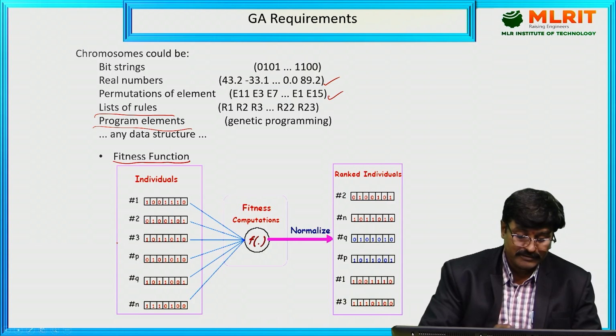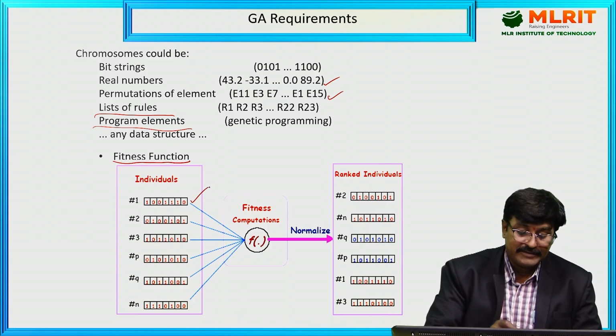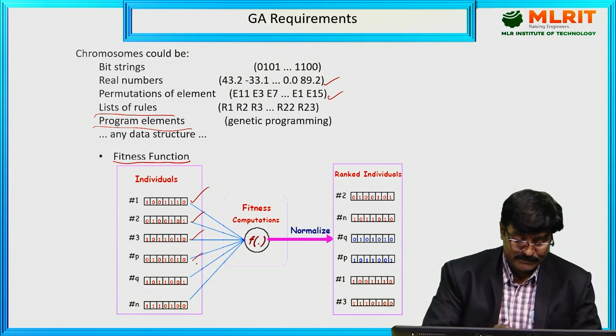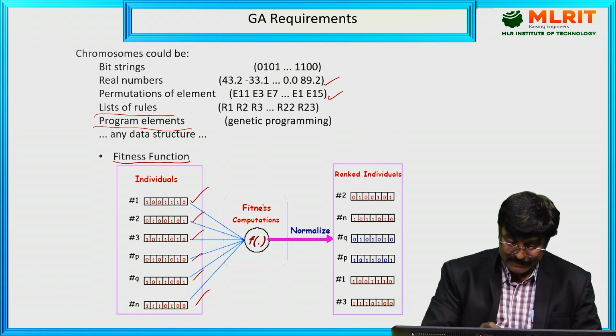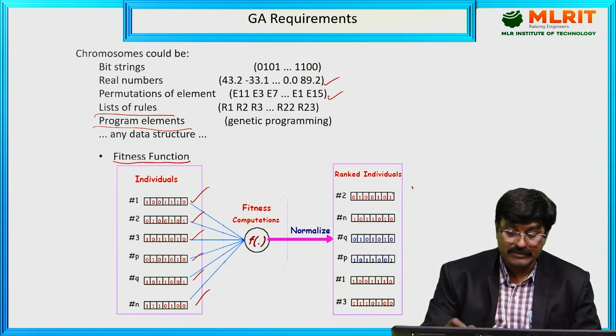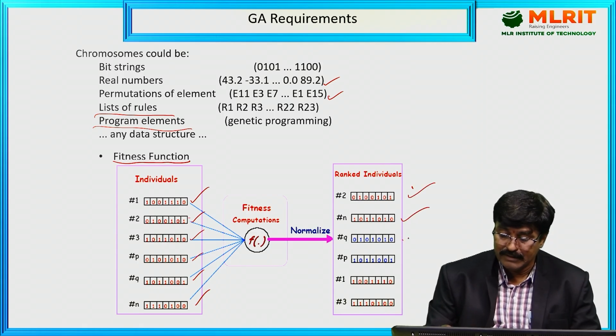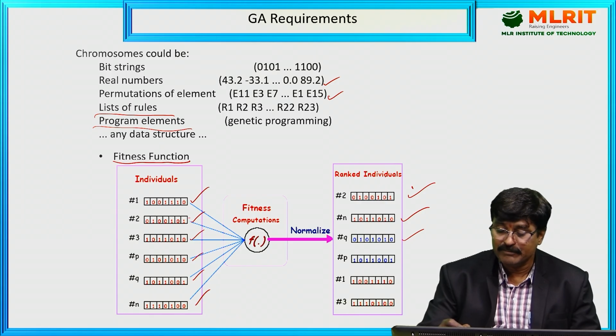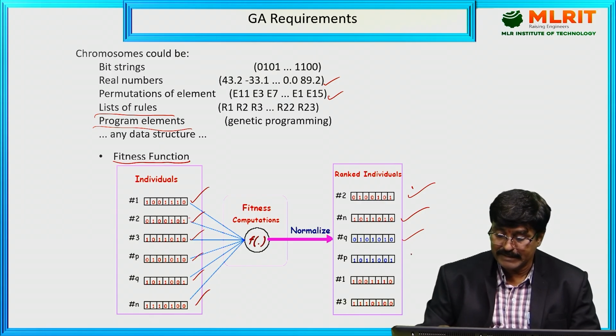Suppose every individual has a fitness function. These are the fitness functions of the individuals. Based on the computations, you are finding the ranking. So the best is the first rank, and the nth is the last rank, based on the fitness function. Which one is the best one? That you are keeping as a rank.